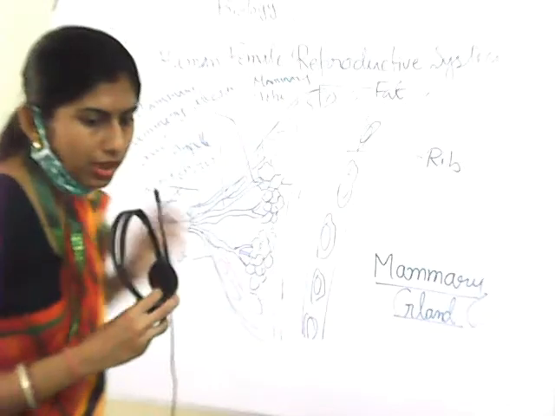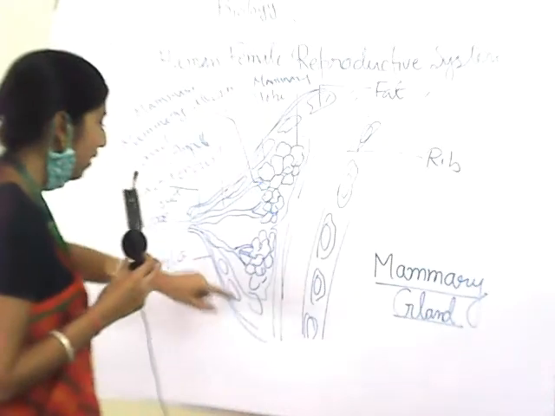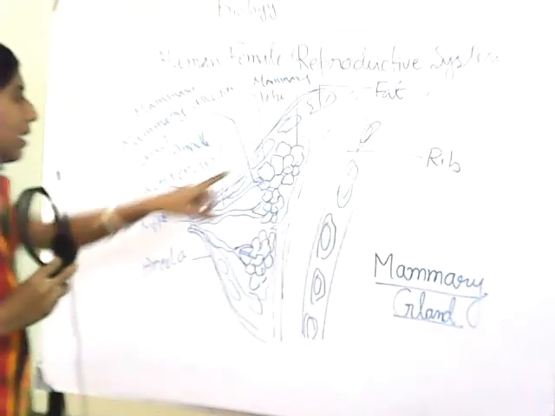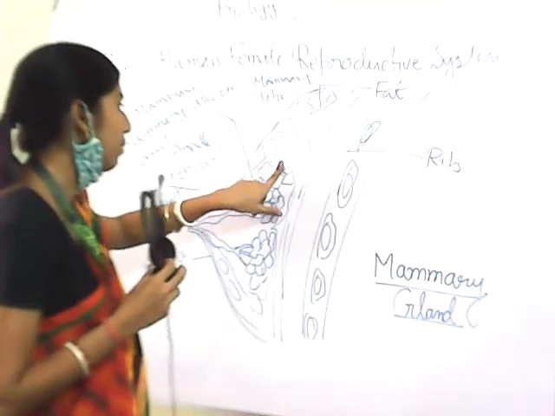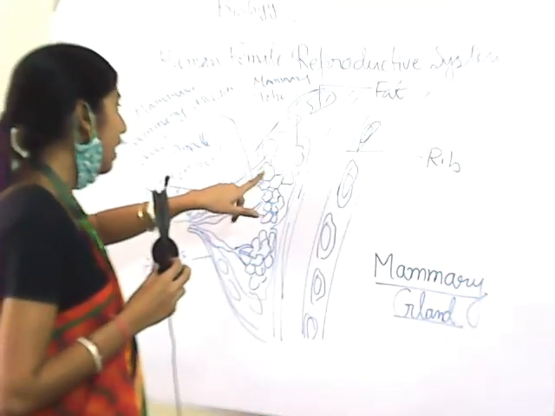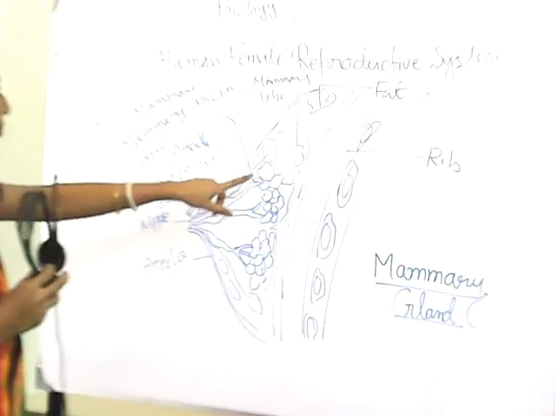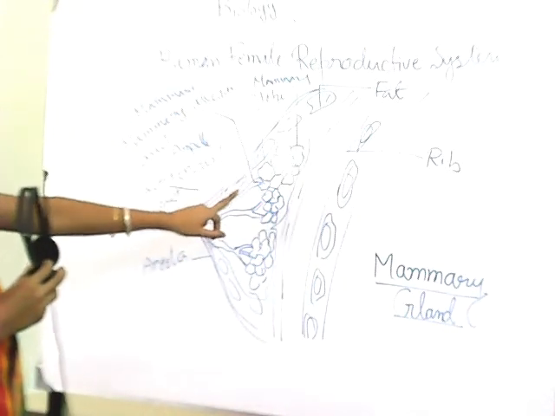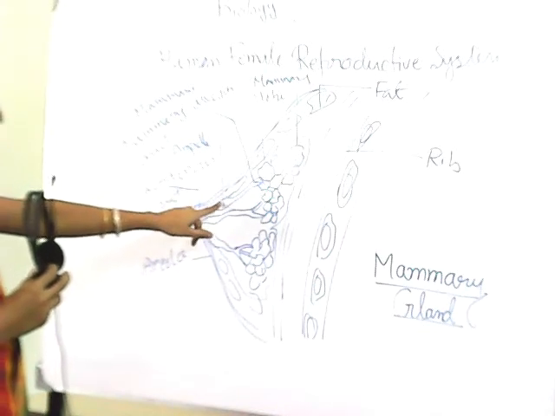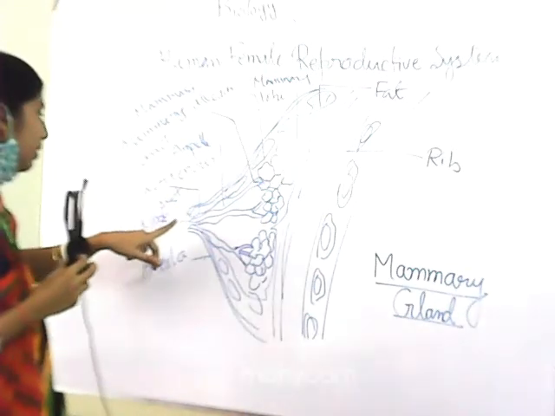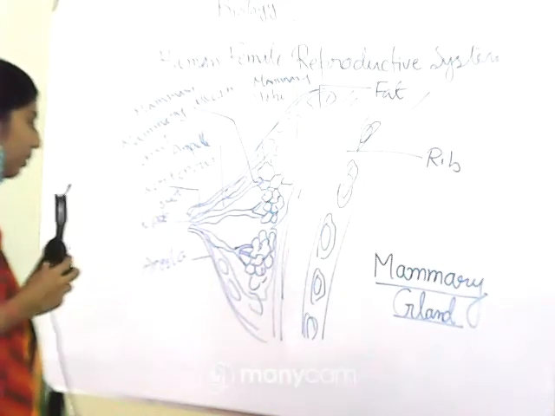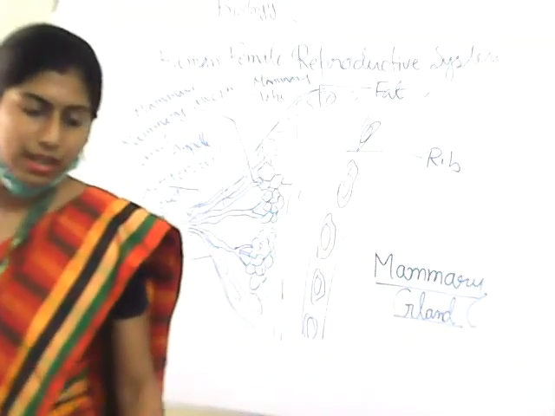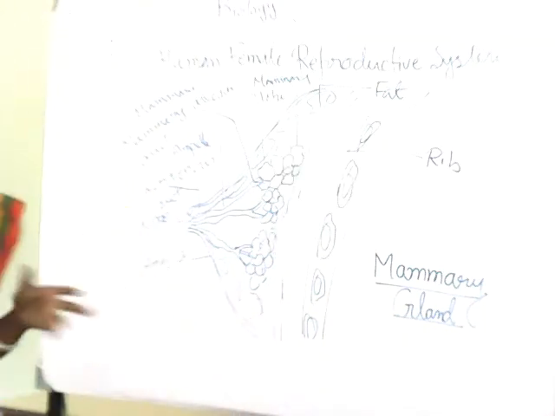And I have told you what are the different parts or the pathway. That means you can see that a huge amount of fats are present inside the mammary gland, and first the mammary lobe, then mammary alveoli, milk will be produced inside the mammary alveoli, it will pass to the tubules, and then it will reach the mammary duct, and then a swollen-like structure is present which is considered ampulla, and then it will be released through the lactiferous duct which will open into the opening in the nipple, and the milk will be released after sucking the nipple by the baby.